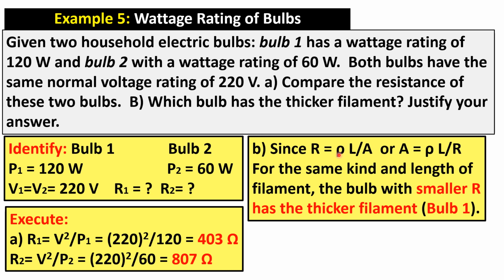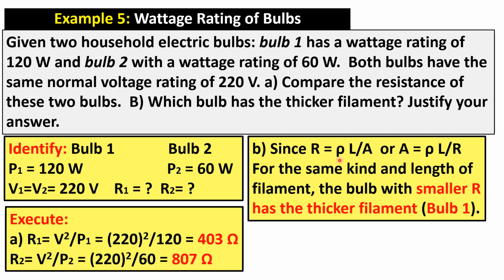This Greek letter rho stands for resistivity. It's like the opposite of conductivity. So the resistivity value, conceptually, tells you the ability of a given material to oppose the flow of charge.